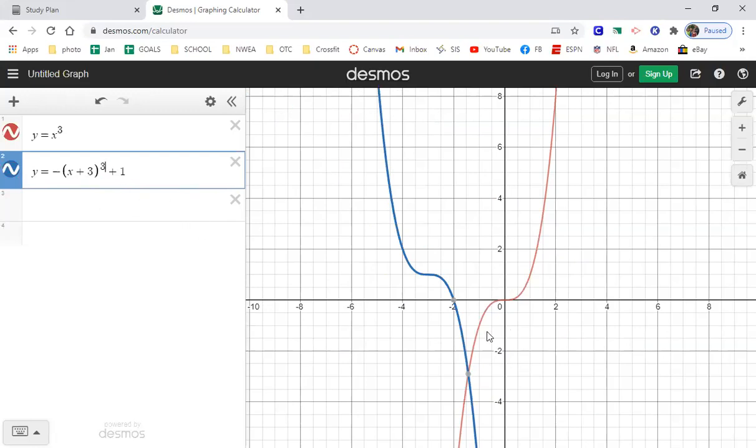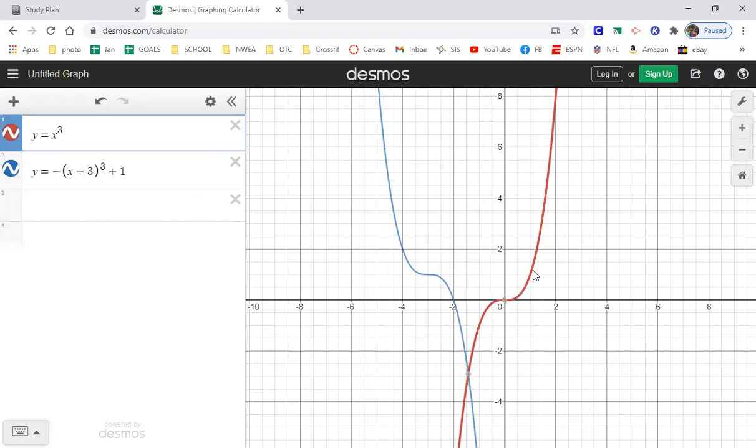The +3 shifts everything left. So this particular point, 0, 0, okay, goes up 1, left 3, and then it flips the graph over. So instead of going up and to the right, now we're coming down and to the right. So the negative flips your graph.